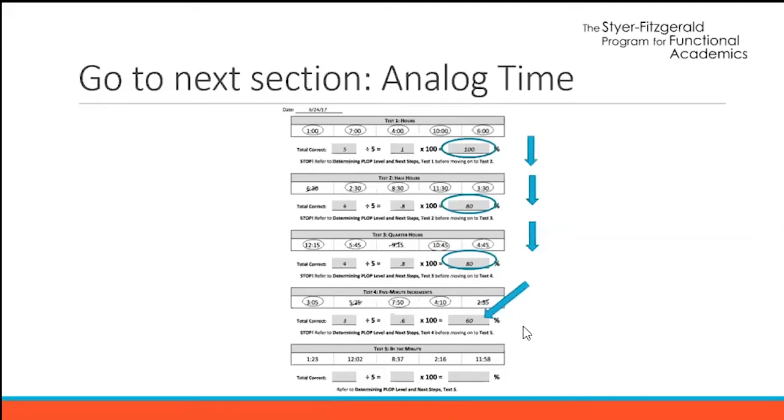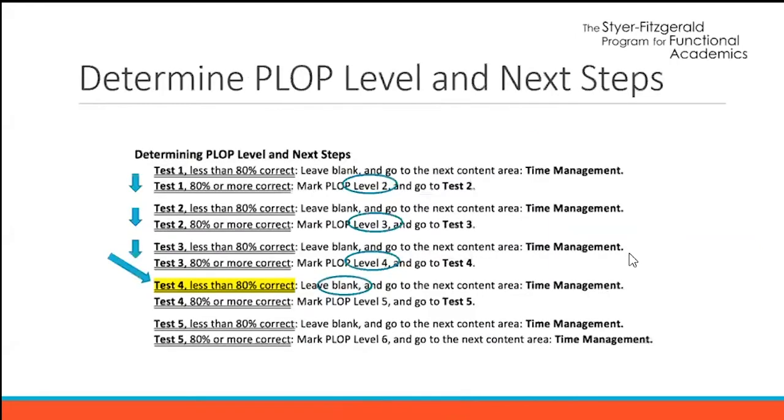But uh-oh, we didn't get 80% or 100%, we got 60%. So we're not going to continue assessing past that point because we got 60% accuracy. When you're determining the present levels of performance level and next step, remember when we got down to test 4, which was telling time by 5-minute increments, we did not meet 80% accuracy, right?